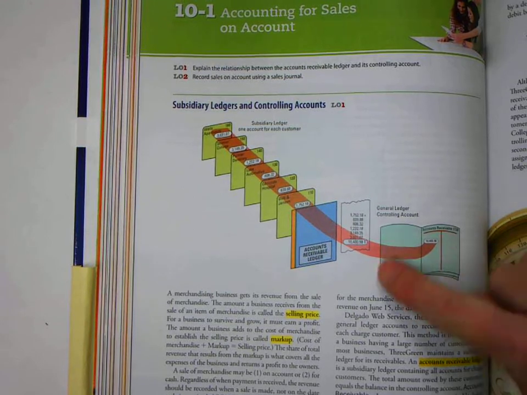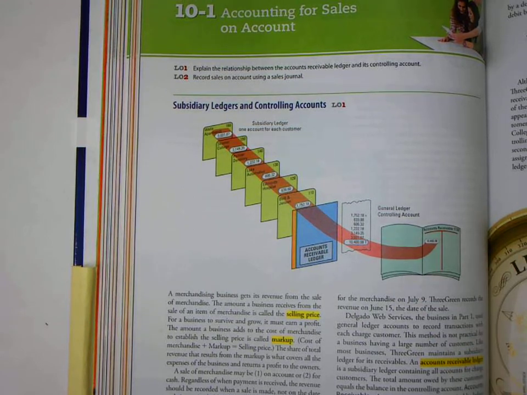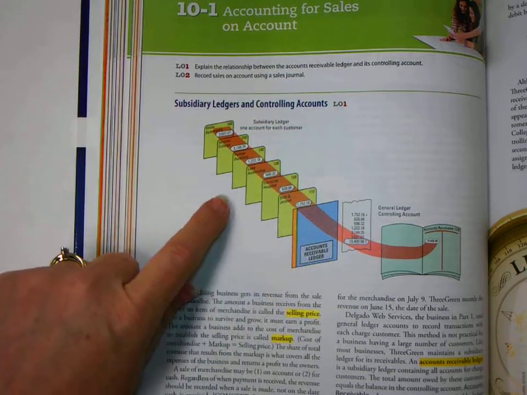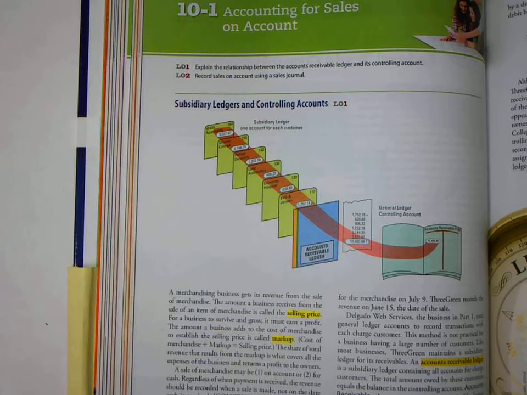So here our controlling account is the accounts receivable, and then we'll have sub-accounts, sub-ledger accounts for each of the companies that we sell to on account.